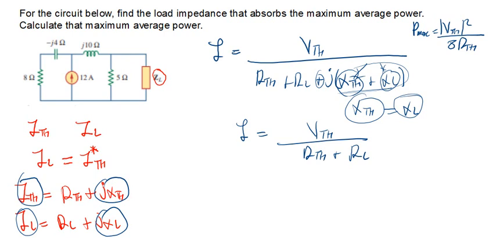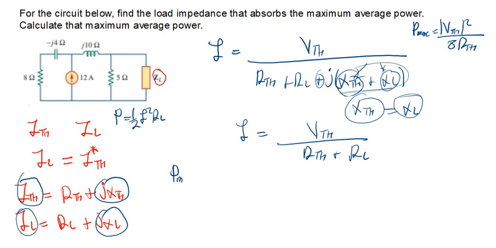Keep in mind that the power delivered to a load is P equals 1 over 2 I squared times the load resistance. So you're going to say your power, let me just say P max for convenience's sake.